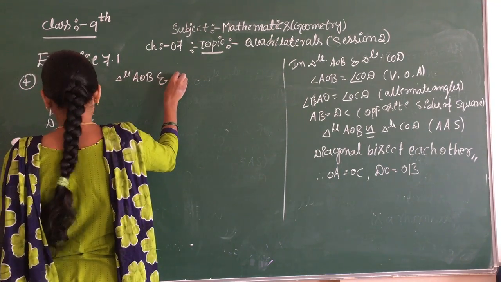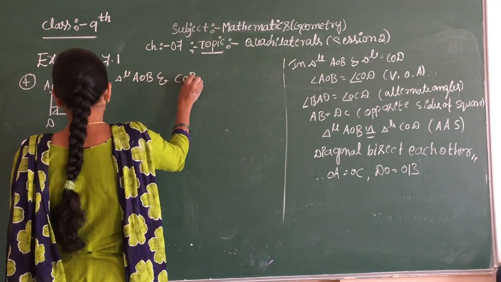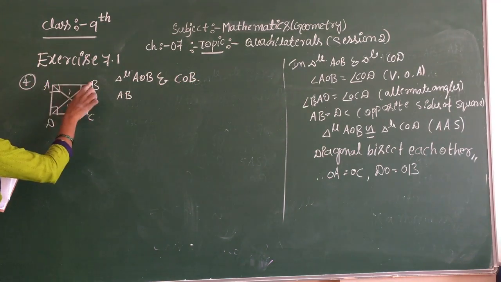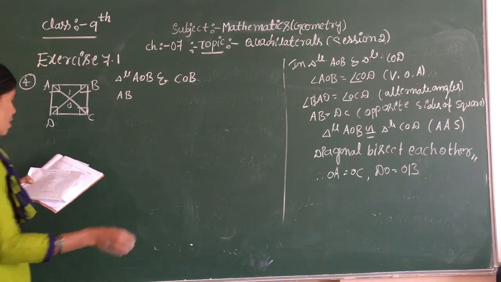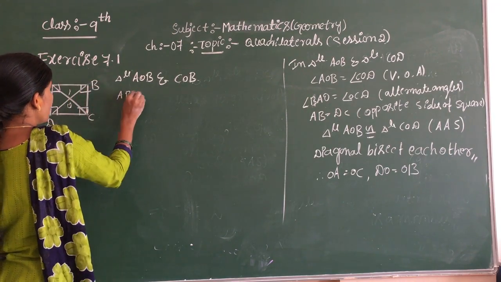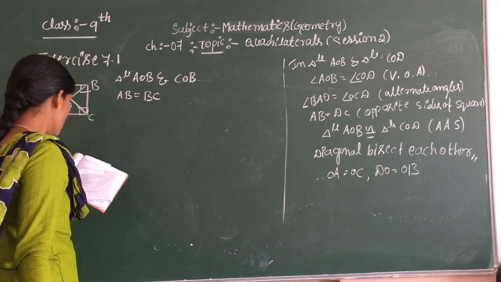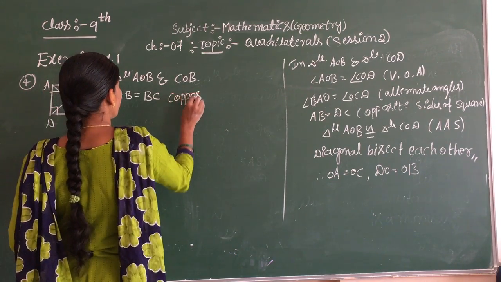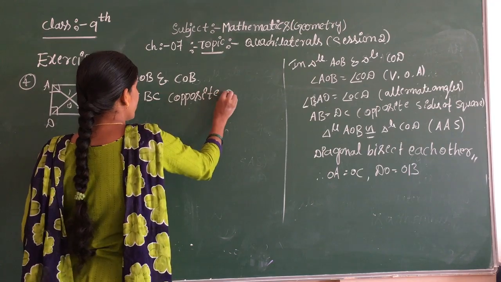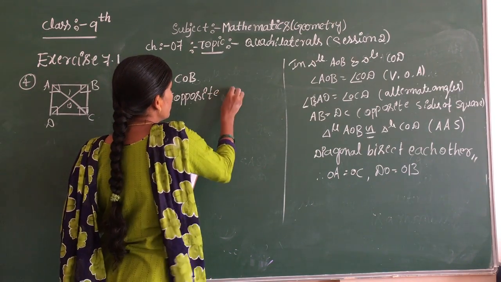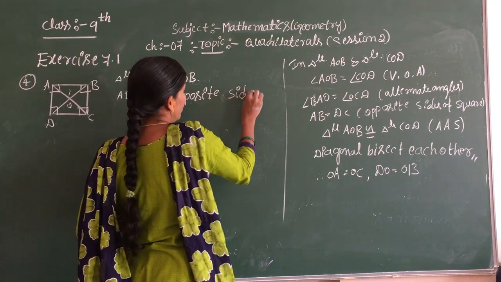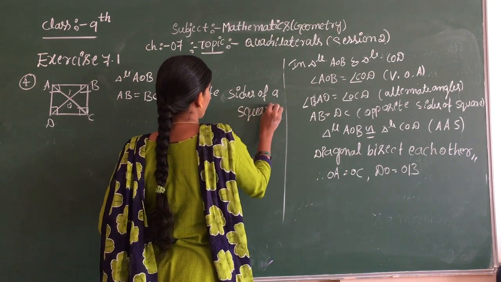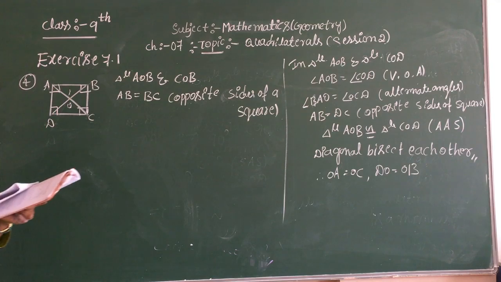In triangle COB. Okay. So what is that? AD is equal to DC. Okay. So AB is equal to BC. So these are opposite sides of a square.